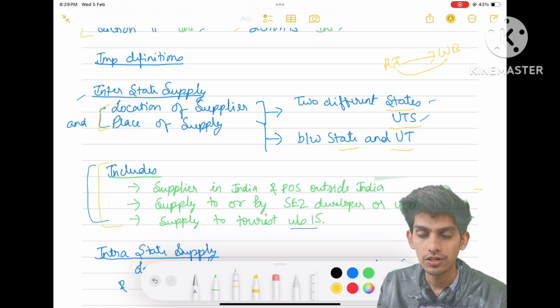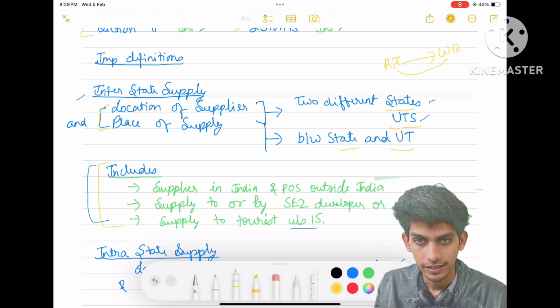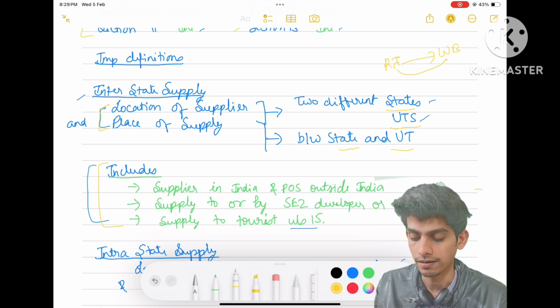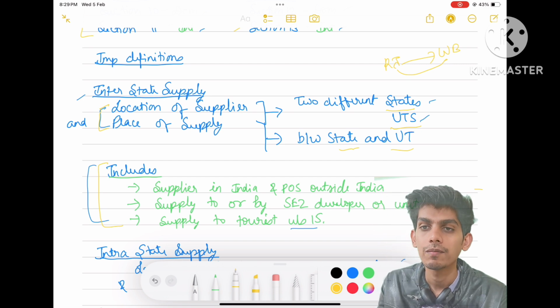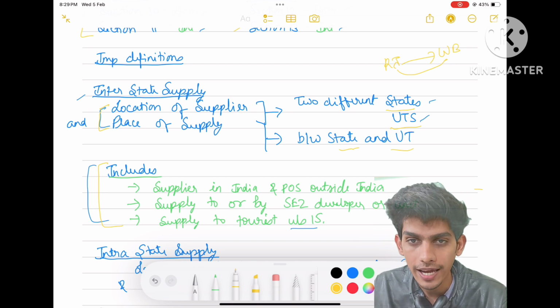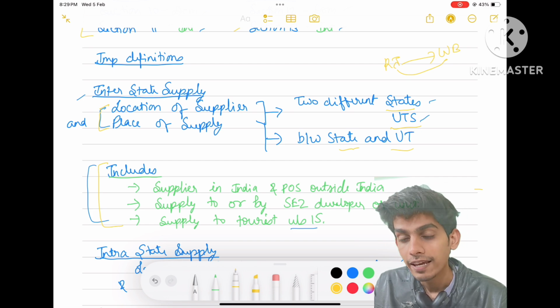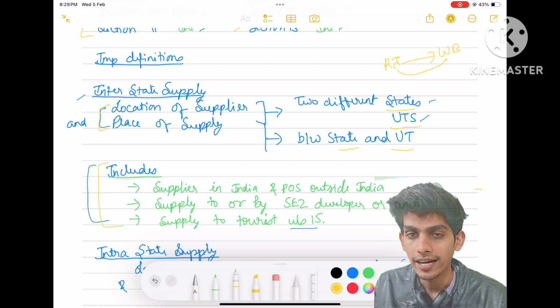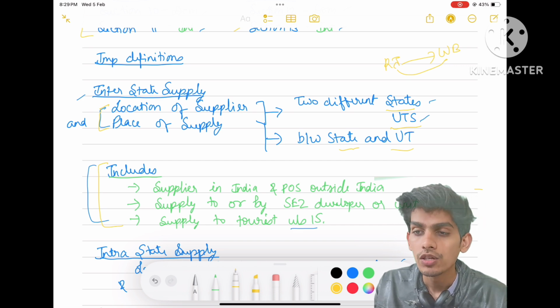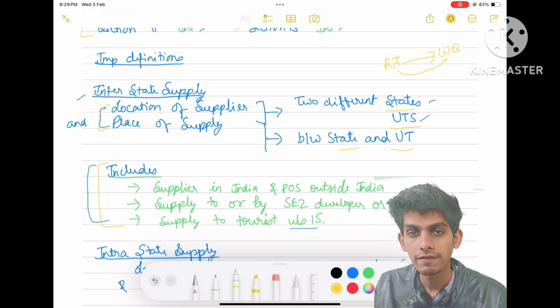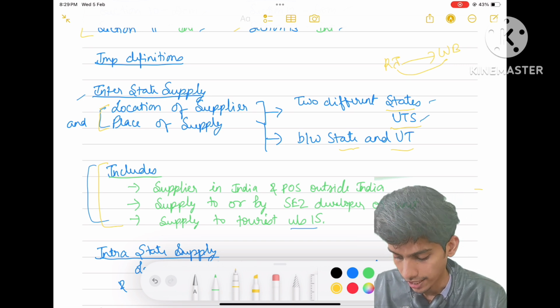If we are supplying any goods to an SEZ developer or SEZ unit, or they are supplying to us, then it will be considered an interstate supply transaction. Why? Because we assume that if we are supplying some goods to an SEZ unit, they will use our supply as inward and then supply it outside India. So it will be deemed as export, like a deemed export. So this transaction will be called interstate supply.